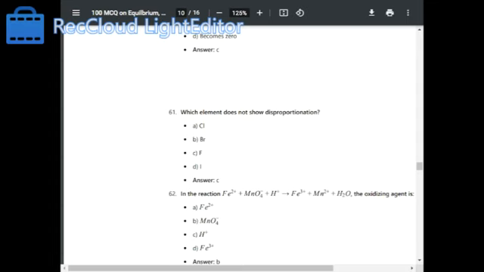The correct answer is MnO4-. This is the oxidizing agent in this reaction. So option B is correct.